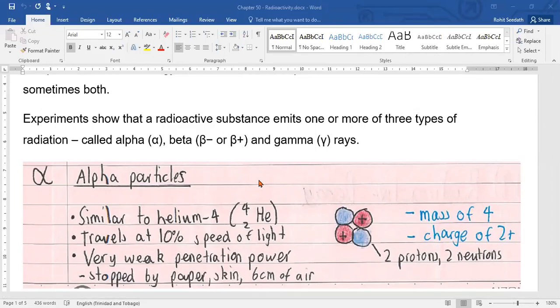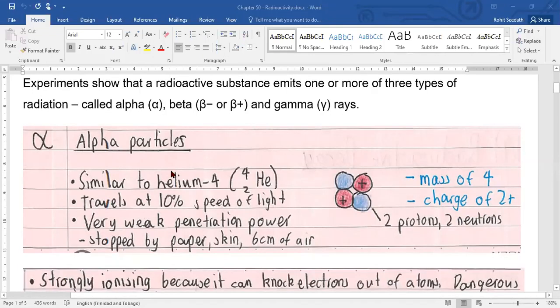We're going to deal with each of these individually. You would need to know, especially for CXC and IGC, well, more so IGC, how to do alpha and beta decay, which is what we're going to do today. If we don't finish the calculations today, that's okay. We've got Friday for that.